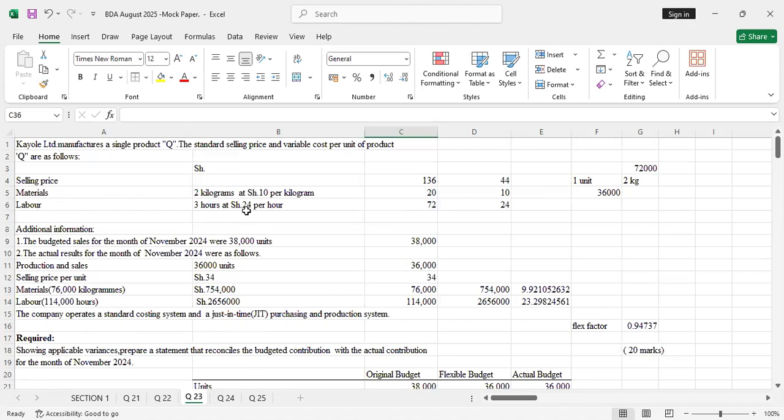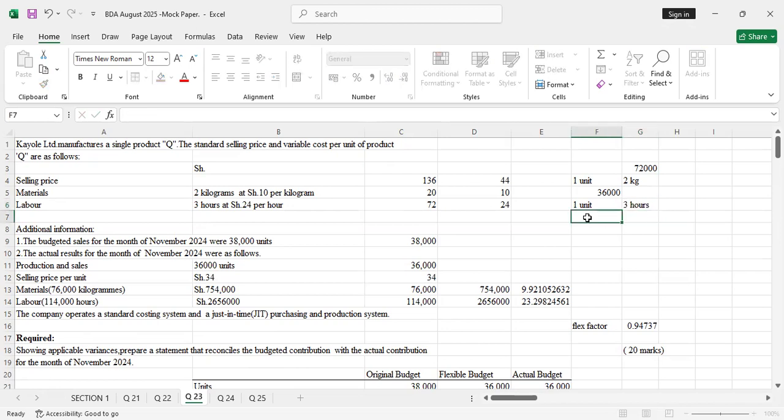So you ask yourself, 1 unit will require how many hours? 3 hours.